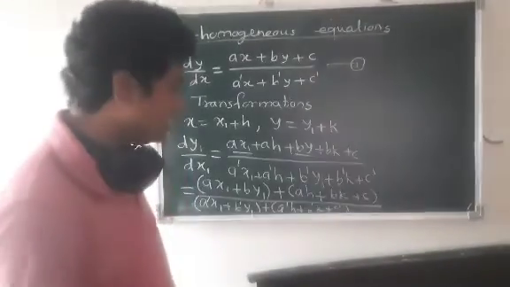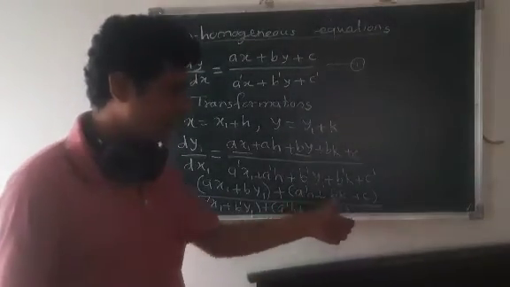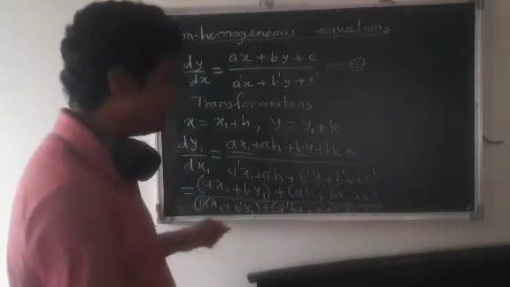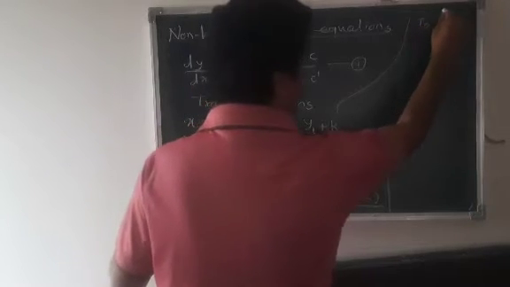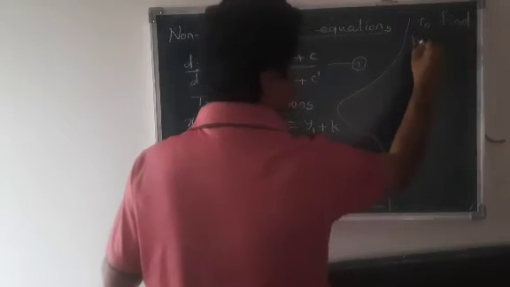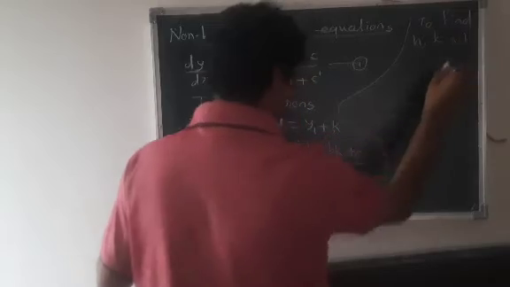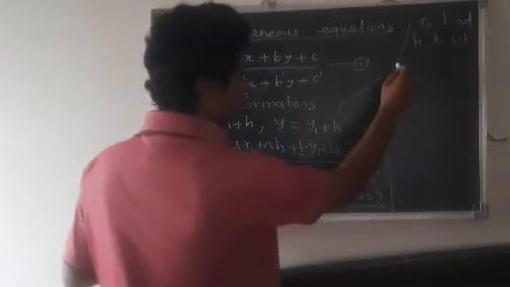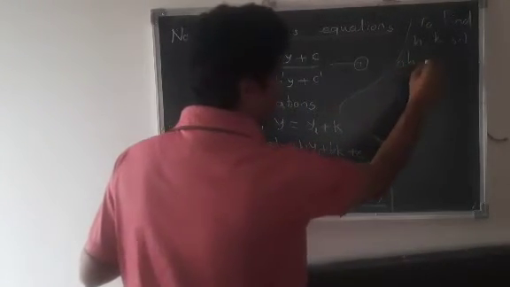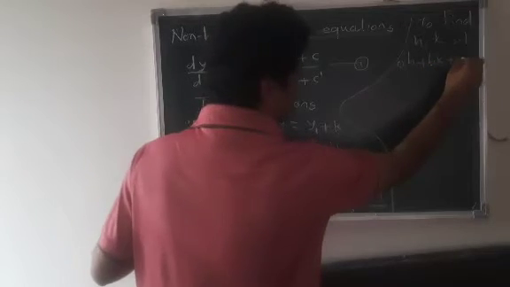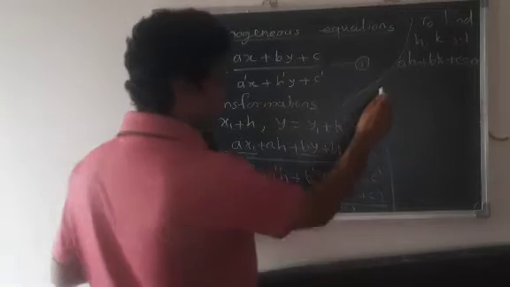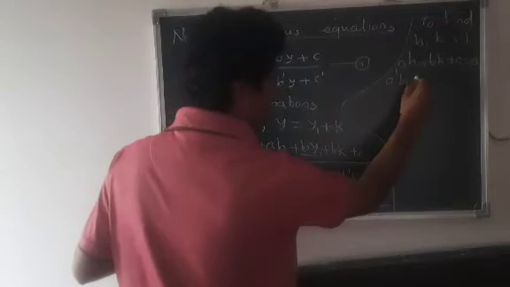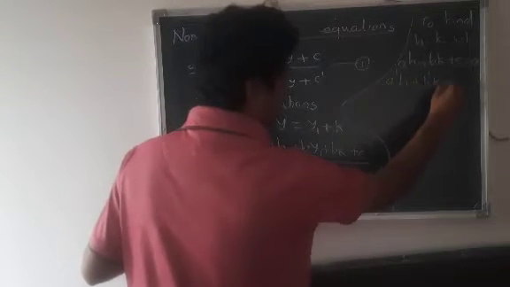So our strategy is to find h and k such that ah plus bk plus c equal to 0 and a dash h plus b dash k plus c dash equal to 0.